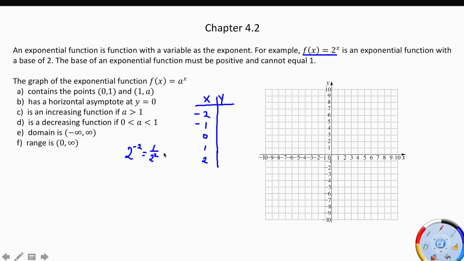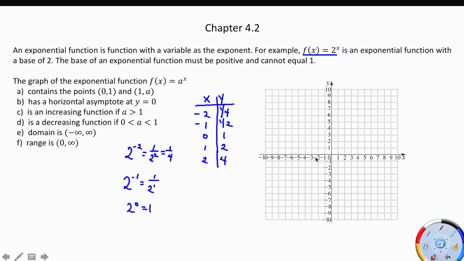Negative exponents mean reciprocals, or 1/4. Then I would have 2 to the -1, or 1 over 2 to the +1, 1/2. 2 to the 0, anything to the 0 power is 1. 2 to the 1, and 2 to the power of 2.